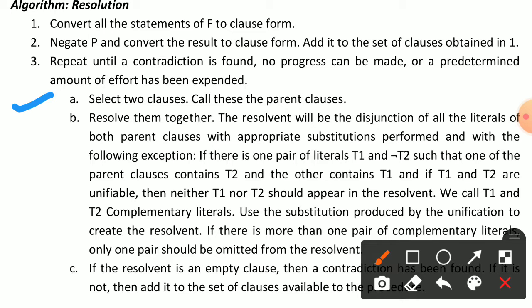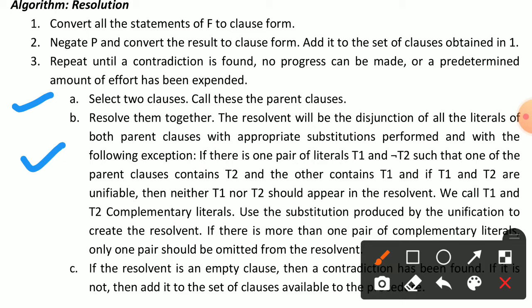Now the second sub-step is to resolve them together, making the combination of all the clauses.